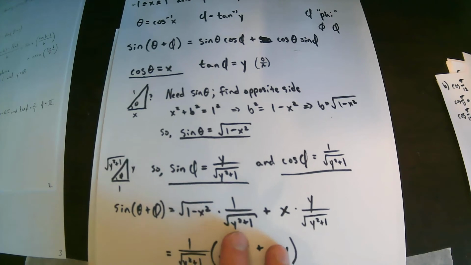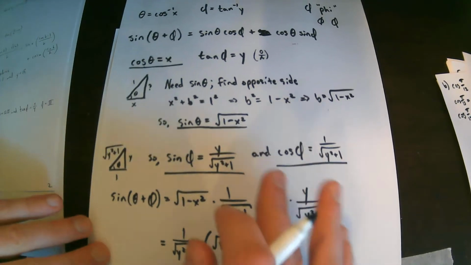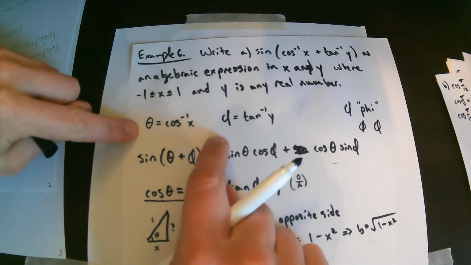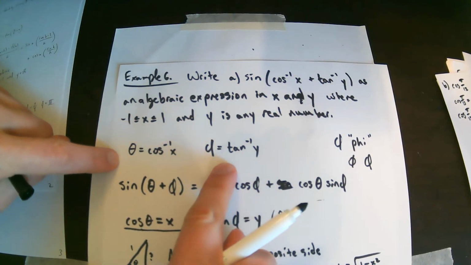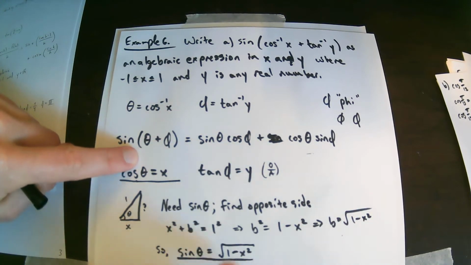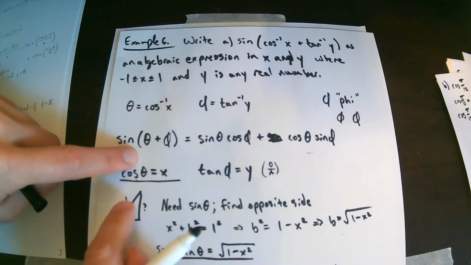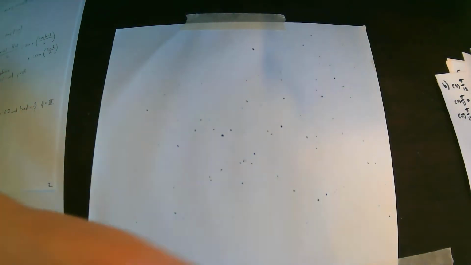But really the technique that to me is most important is that very first thing, renaming these inverse trig functions as angles. Because once you do that, then it starts to become apparent what you need to do, what you need to find, and how you need to find it. Let's do another one like that.